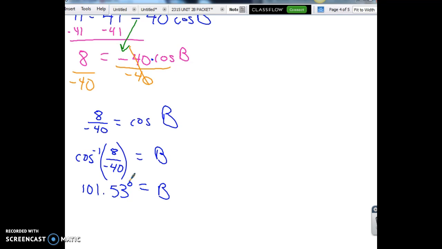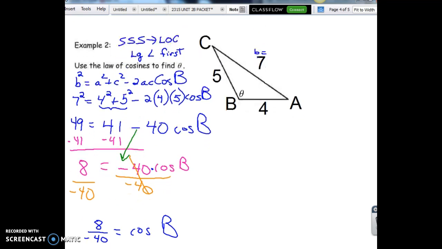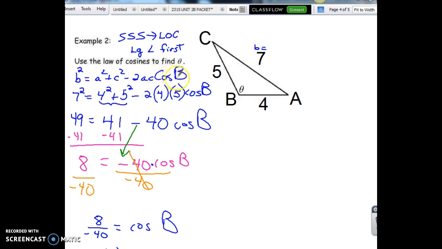101.53 degrees. So again, when you do these, I want you to do all the algebraic work. Here's the equation I'm using. We have the longest side by itself, then the other two sides, minus twice 4 times 5 cosine of B. Again, you guys are going to have a tendency: 16 and 25 is 41, 20 times 2 is 40, and you'll be tempted to subtract those two.